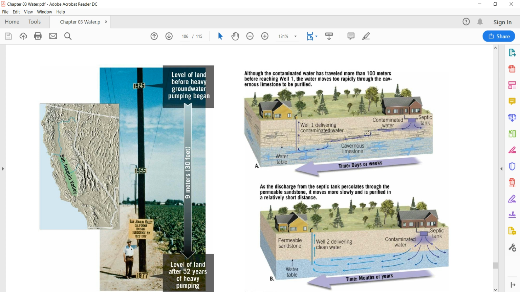As we know, groundwater runs everywhere below the ground. And we have septic tanks which are located all over the residential areas around the houses, and these septic tanks are also buried under the ground.